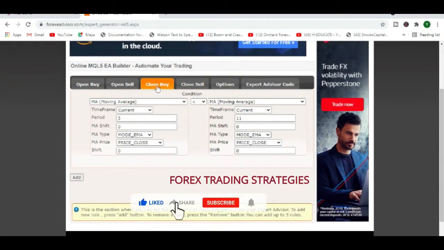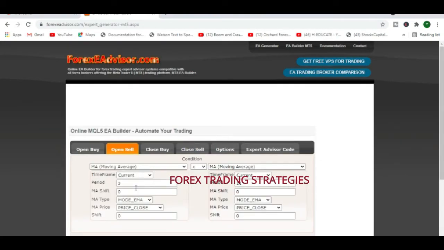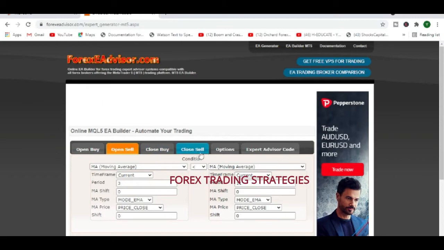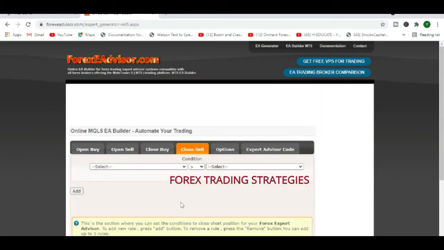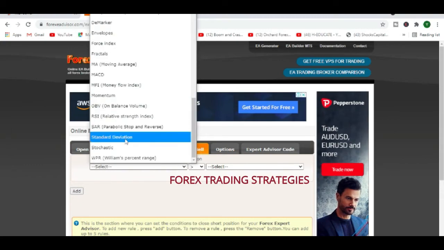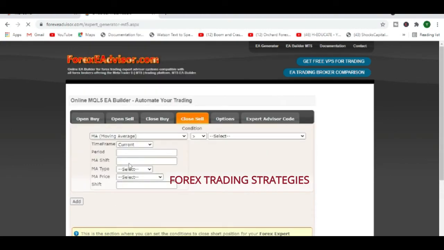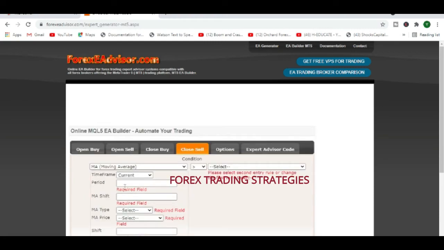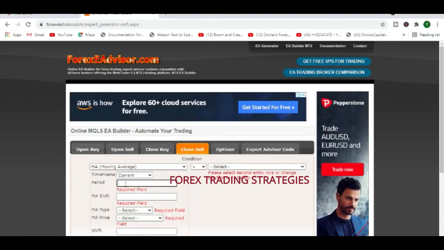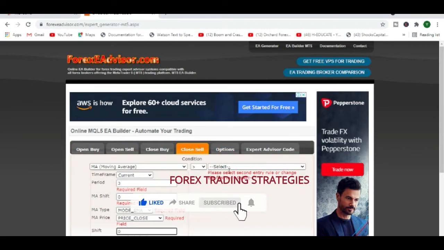So this is our condition to close the buy trade. Because our sell condition is on the 3 going below the 11, certainly when the 3 goes above the 11, that's when we want the robot to close the trade. So we say 3, 0, close 0 again, and that is correct.